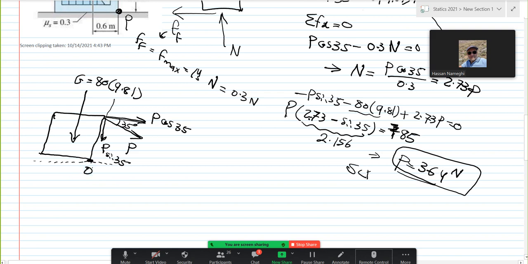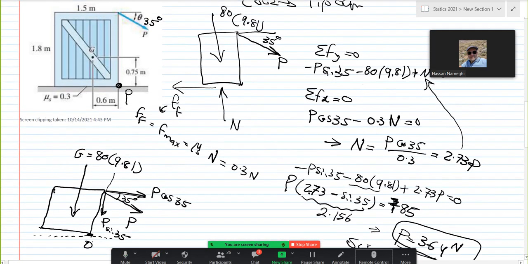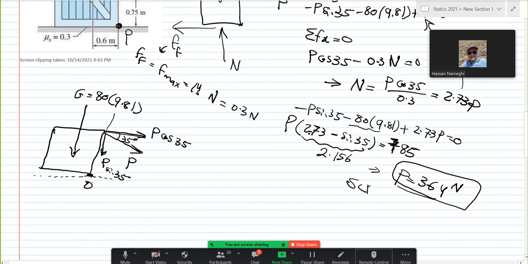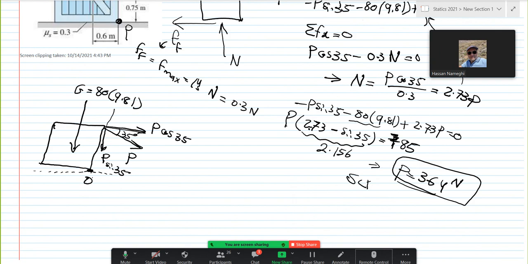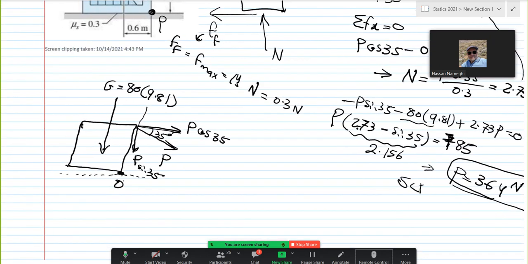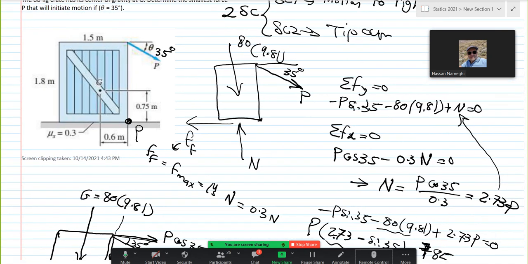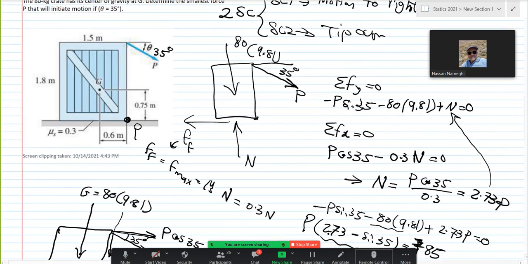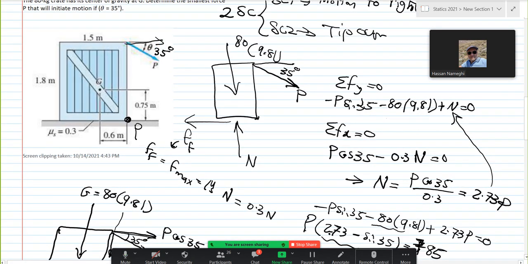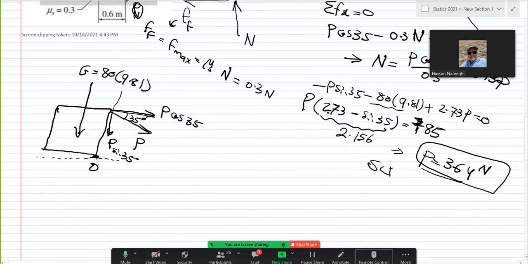Point O. P sine 35 or P cosine 35? P cosine has moment, and the distance from the force to the point is 1.8.